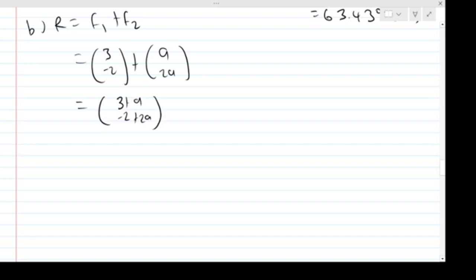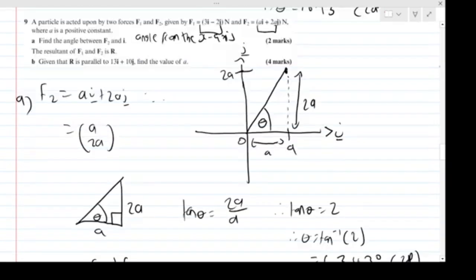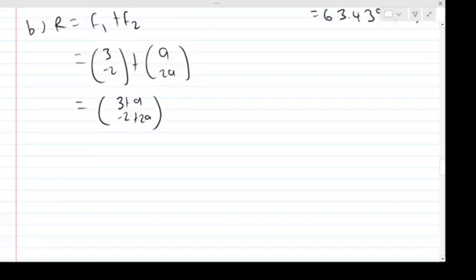Now, what we're told is this vector r is parallel to this other vector. What you also need to know, even from GCSE, is this: if you have two vectors, say x and y, and these vectors are parallel, they are multiples of each other.